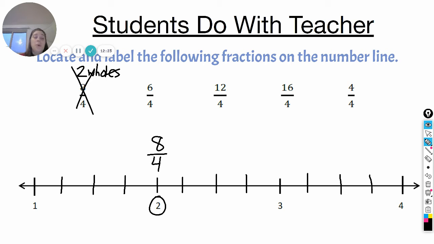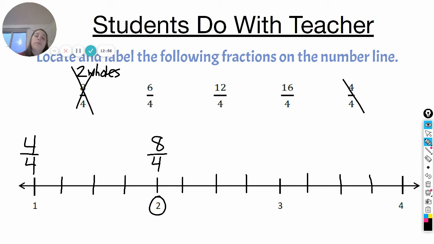Okay, now there's 2 ways we can figure out what 1 whole means from here. So we can go backwards. We're at 8, 7, 6, 5, 4. So 1 whole must be 4 fourths.